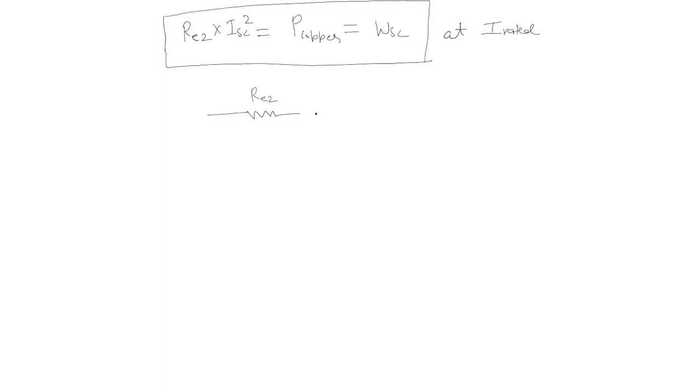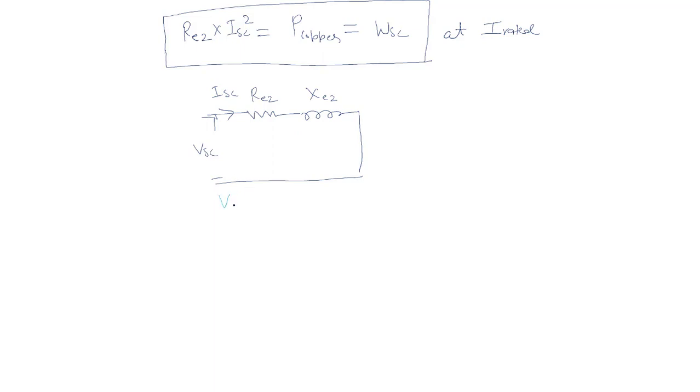Now the remaining things that we have to find are RE2 and XE2. This is the short circuit side. Here we have applied a short circuit, and I short circuit is flowing over here. So how can we find RE2 and XE2?